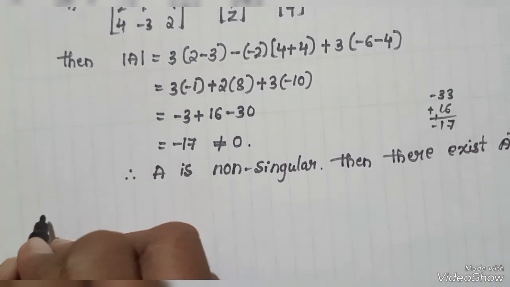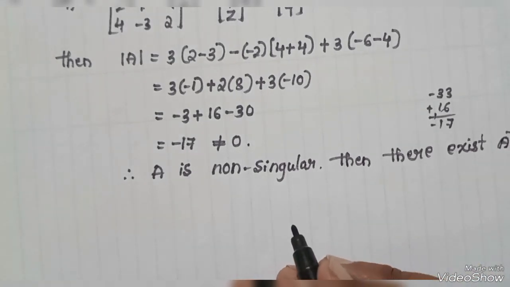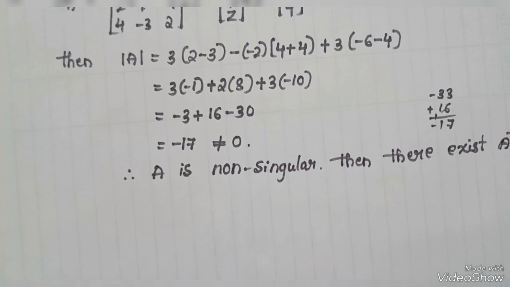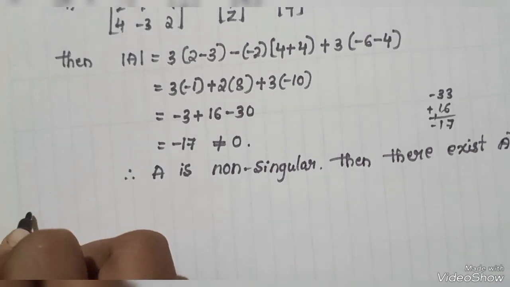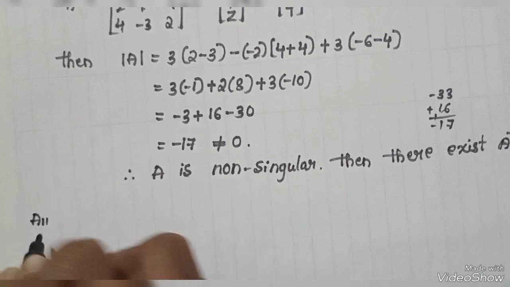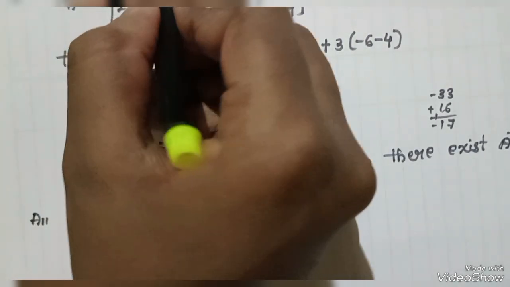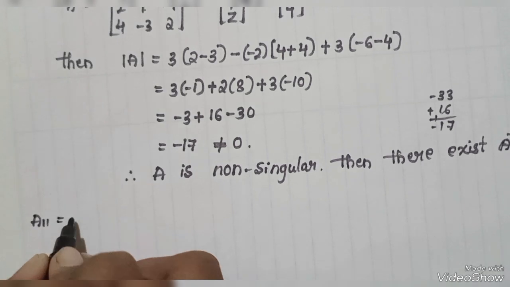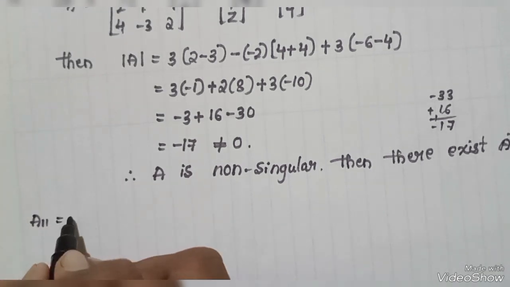For that inverse, we have the formula: A inverse is equal to 1 by determinant of A into adjoint of A. We want the adjoint matrix, that's why I am calculating directly the cofactors, considering row-wise A11, A12, A13.